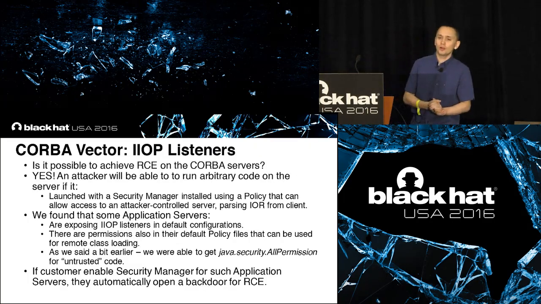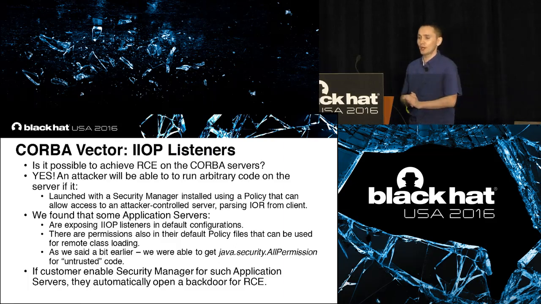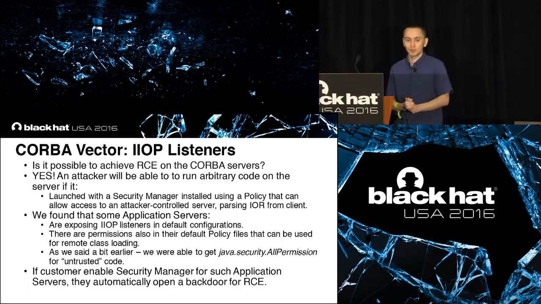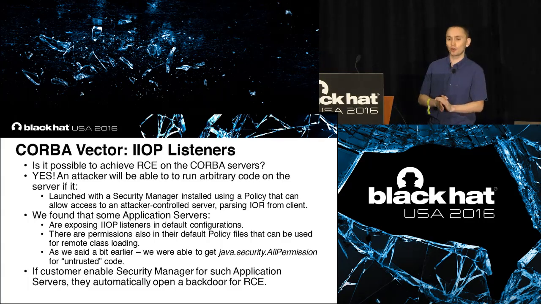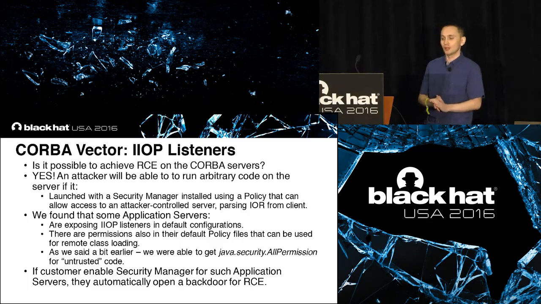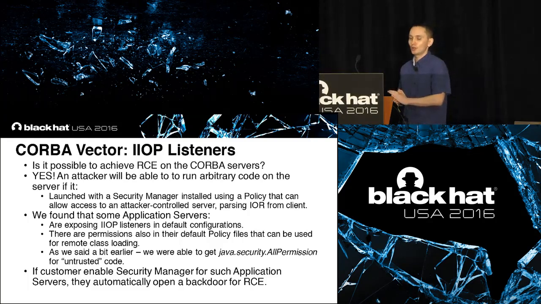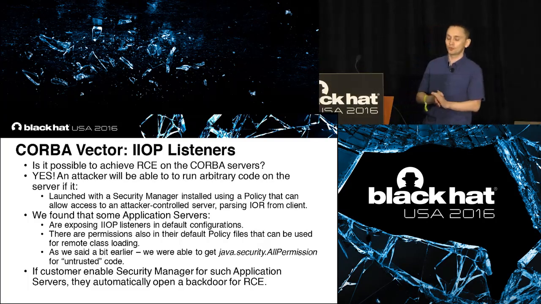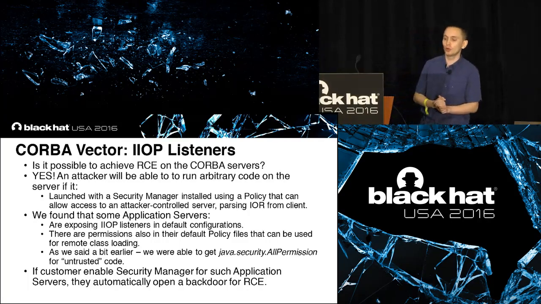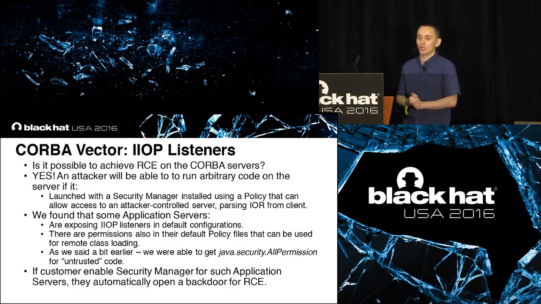But after our findings, we became more interested in CORBA parties and possible attack scenarios with this protocol. So the first question was, is it possible to achieve code execution on the CORBA server side? Why not? If the server runs with a security manager and the policy allows us to load classes from our code base, we will be able to perform the same attack.